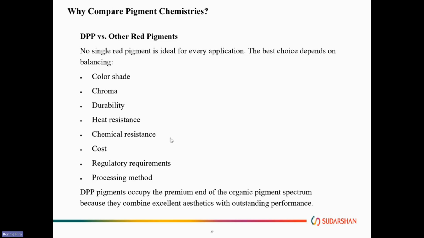So these are just a few things that are done when choosing a red pigment for your application. We do know that the DPP pigments occupy that premium end. It may be overkill for your formulation, but it may be a requirement for all of the attributes that you're trying to achieve.